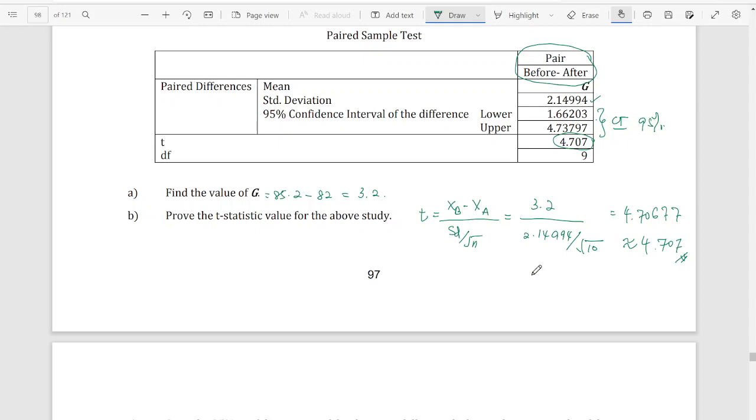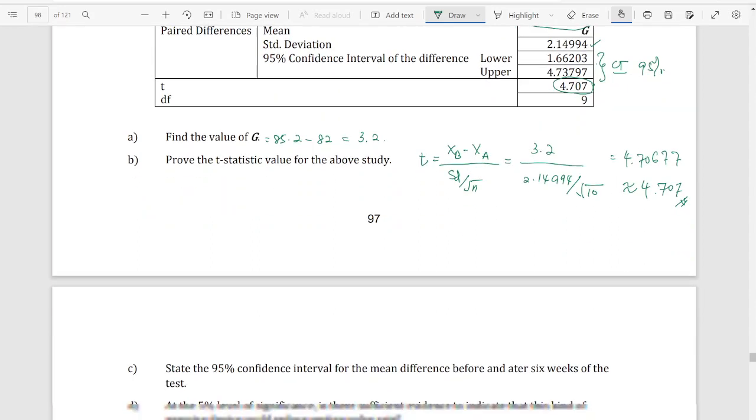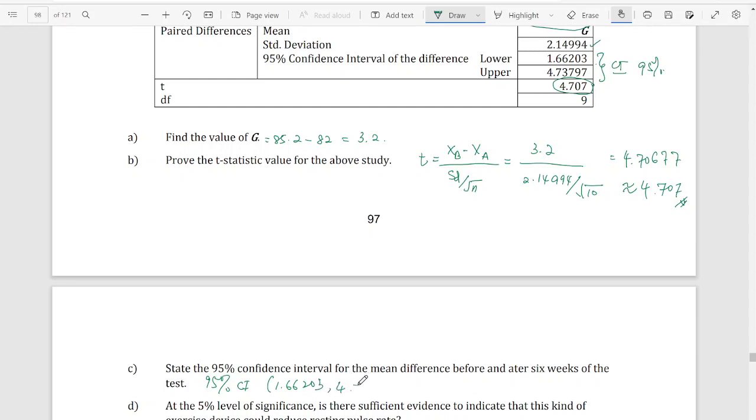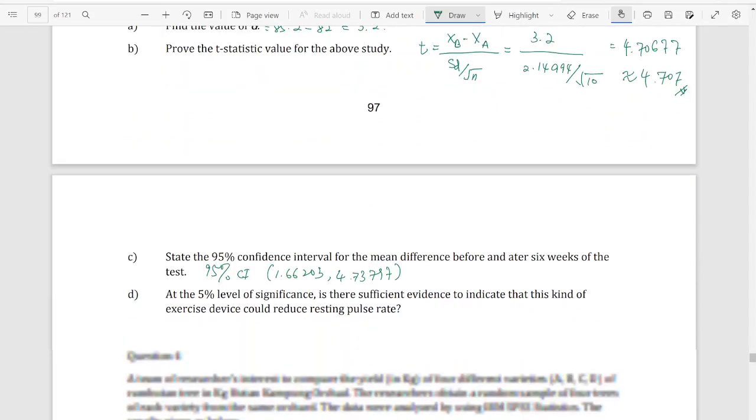We just need to state it. So the 95% CI will be 1.66203 until 4.73797.